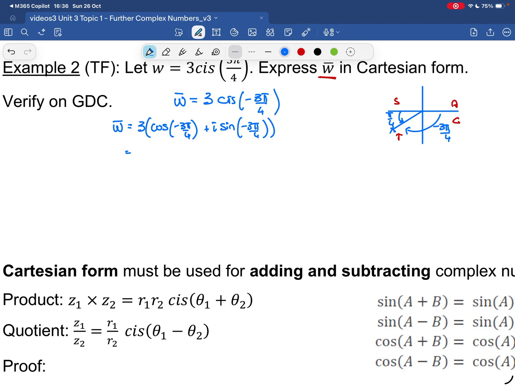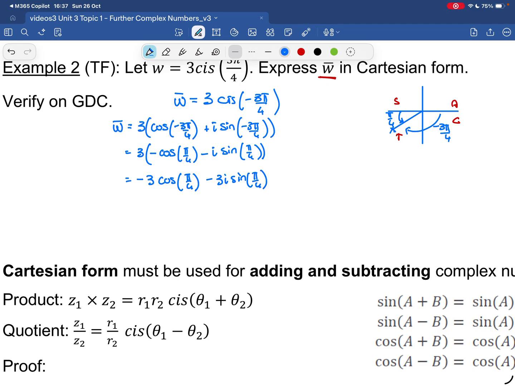And you can see that both sine and cosine are negative in quadrant 3. So what we have is 3 times negative cos of pi on 4 minus i sine of pi on 4, and that gives me negative 3 cos of pi on 4 minus 3i sine of pi on 4.